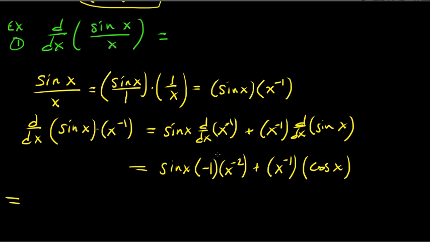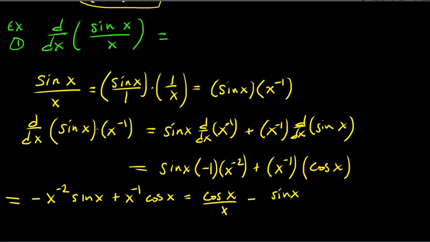So the rest is just simplifying, right? This is the derivative, but we can simplify it a little, right? This is negative x to the negative 2 times sine of x plus x to the negative 1 times cosine of x. Right? Or if we put the positive term first, this is cosine of x divided by x minus sine of x divided by x squared.